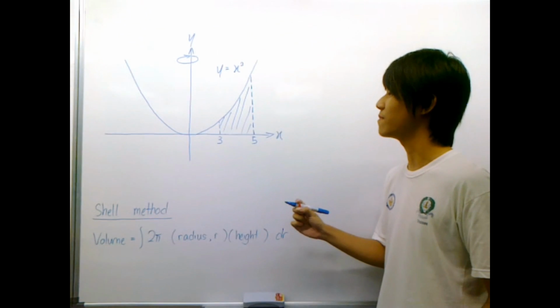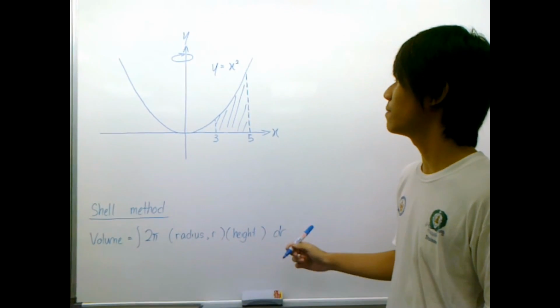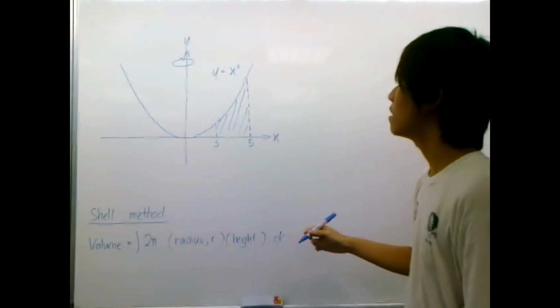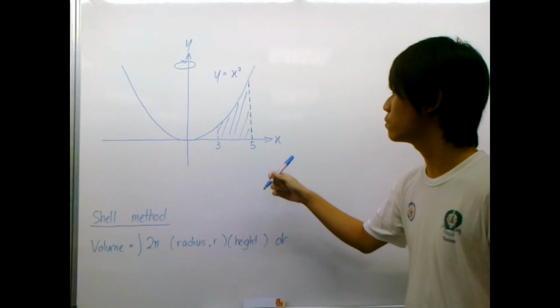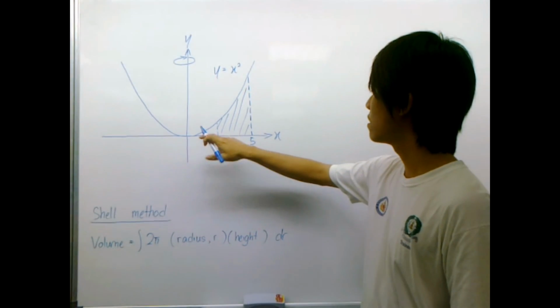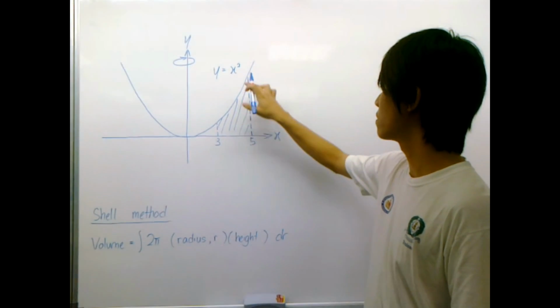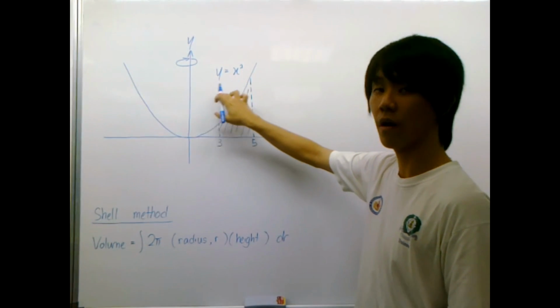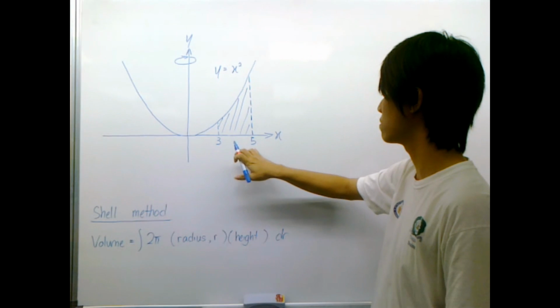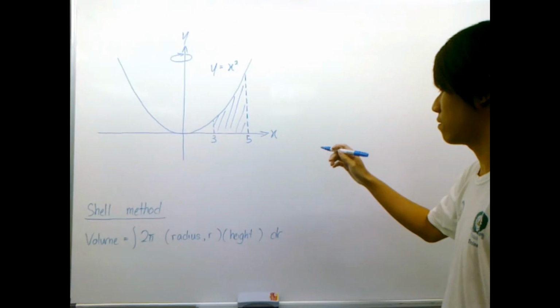Okay, so in part 2, we're going to have a simple example of a question where the shell method is used. In this particular question, we need to find the volume of revolution when the curve y equals x squared is revolved around the y-axis from x equals 3 to x equals 5.